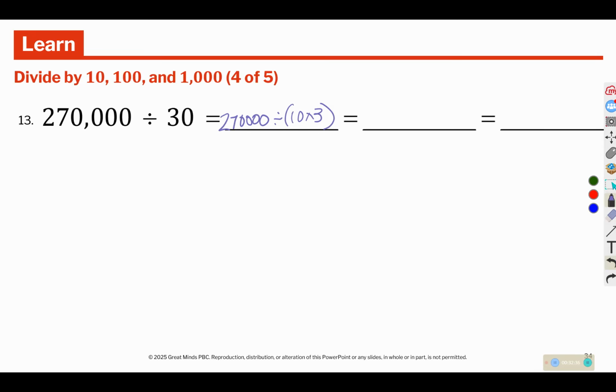What this means is 270,000 divided by 10 and then divided by 3 as well. We have to divide by 30, so we have to divide by the 10 and the 3 that make up the 30.